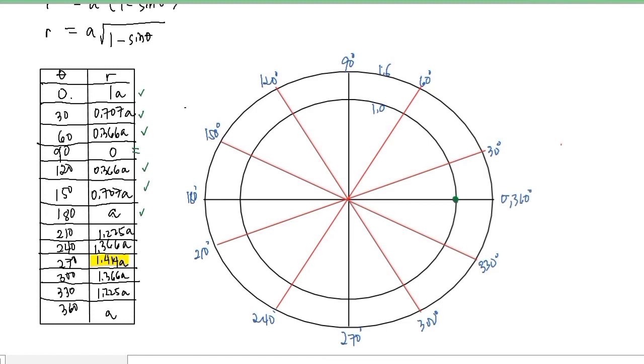So, halos 3/4 kasi 0.7 mga dito banda. Kasi kung 0.5 to, mga dito. And then, we have sa 60, 0.366. So, kung ito yung kalahati, mga 0.3 mga dito banda. Yan. And then, we have 0 for 90. So, nandito siya. And then, since symmetrical to, dito ay 0.7 siya, tapos dito siya ay 1.